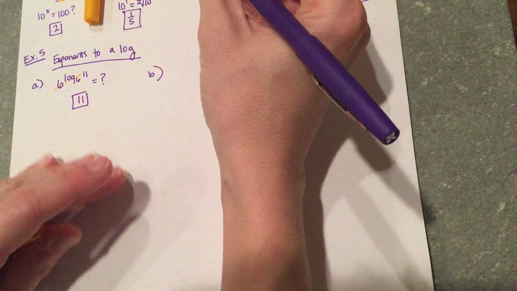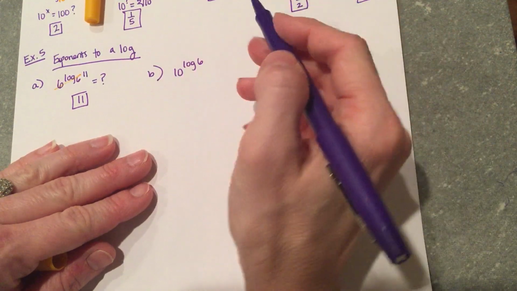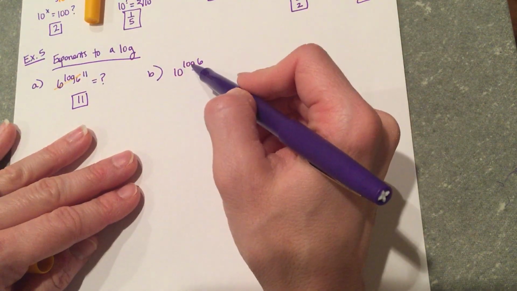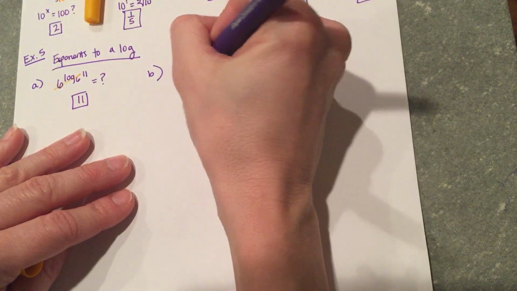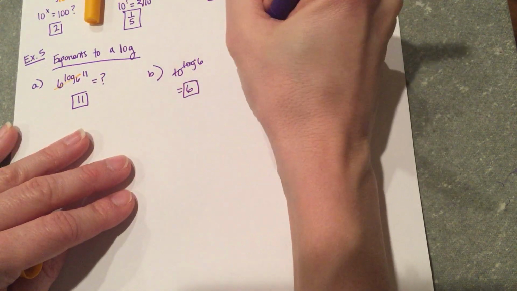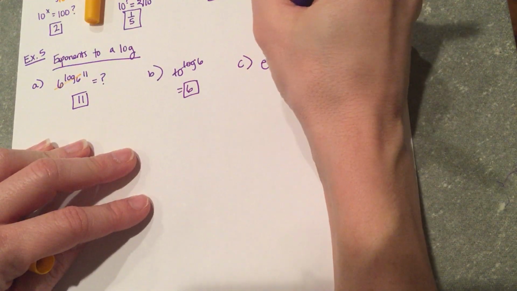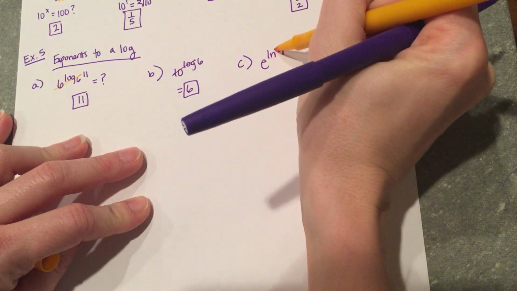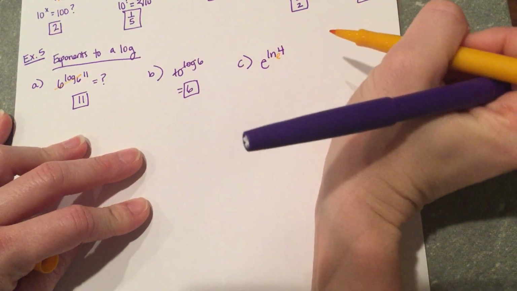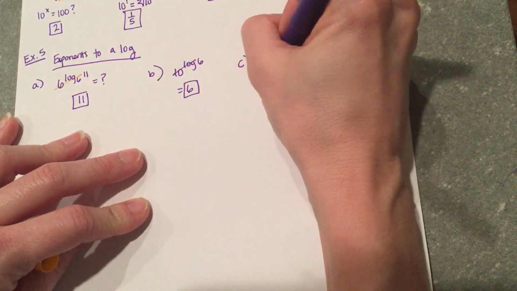For B, if I have 10 to the log 6, once again, the base here is 10 since it's not written, so the 10 and the log cancel, and we just get 6. And it works with e's also. If I have e to the natural log 4, the e and the natural log, because the natural log is base e, cancel each other out, and we are just left with 4.